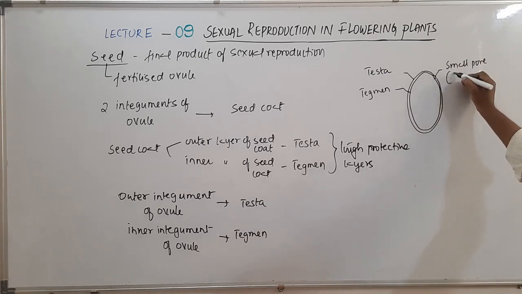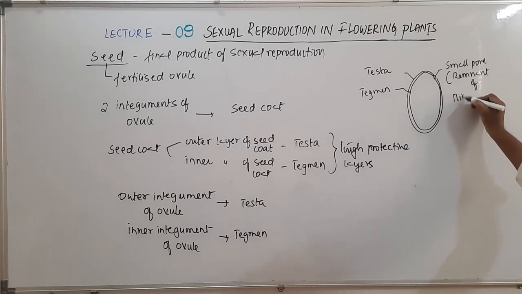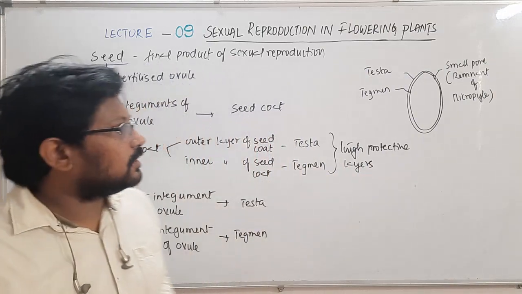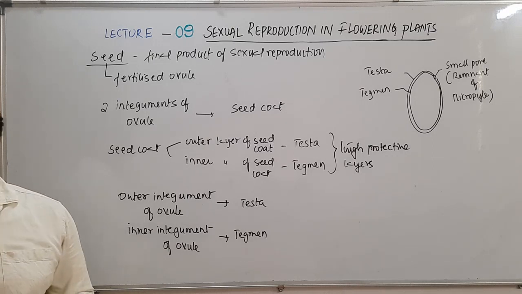So this is nothing but the remnant of the micropyle. The ovule micropyle will not be completely closed. It still remains in the seed. When the ovule develops into seed, even then you find that small hole. Now the question is why that micropyle is still present.